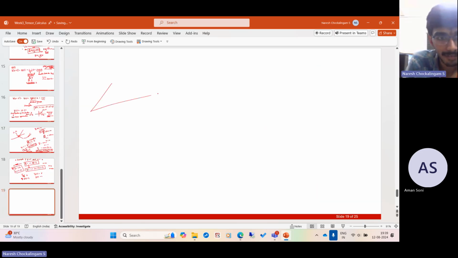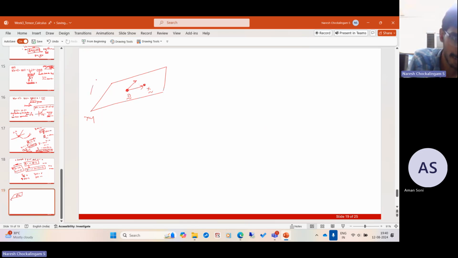Again, look at it in a planar view. This is the xy plane, and for now let us assume the vectors are 2D. So this is the point 0, and this is the point x.